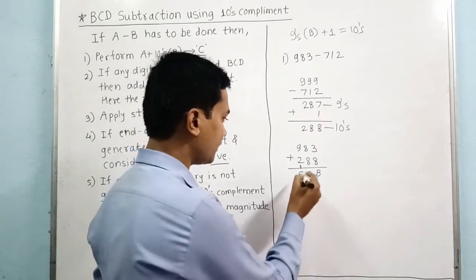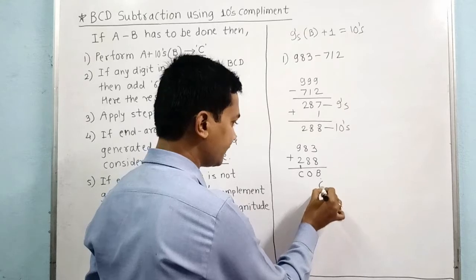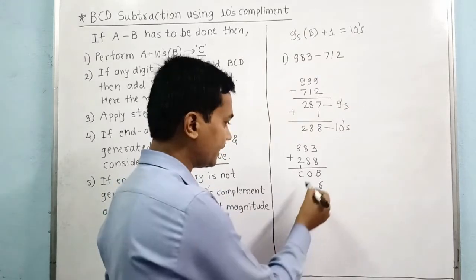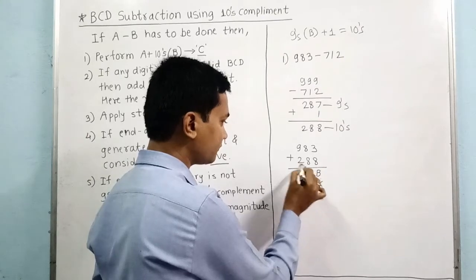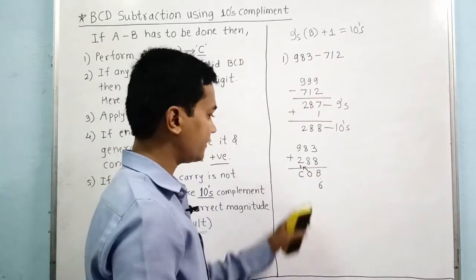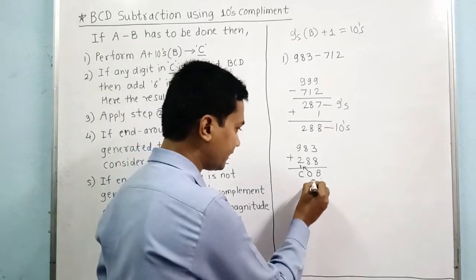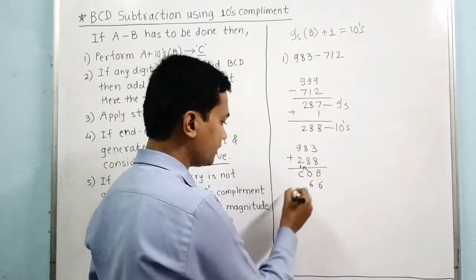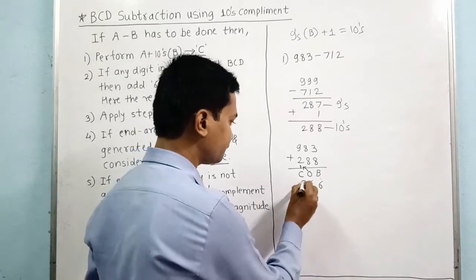Yes, the first digit is invalid BCD, so add 6 here. The second digit is also invalid because a carry is generated; if a carry is generated, we also consider it invalid BCD, so add 6 into the second digit also. The third digit is also greater than 9, so add 6 into this digit.